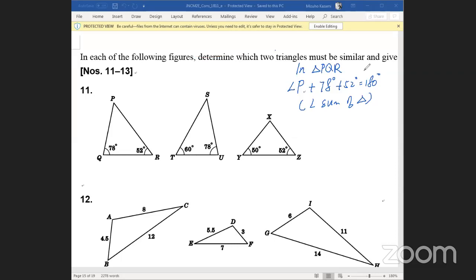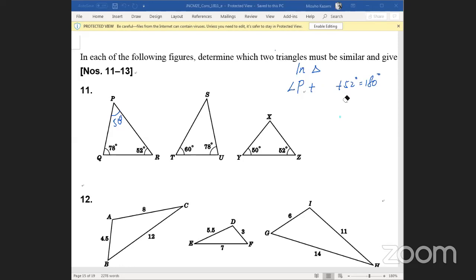Then you calculate the angle, which should be 50. Therefore this one is 50. Then you just do similar things for the other two triangles.